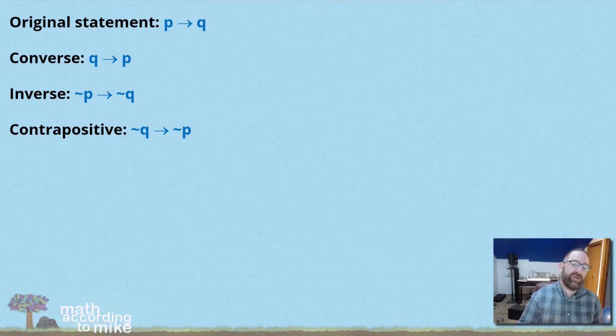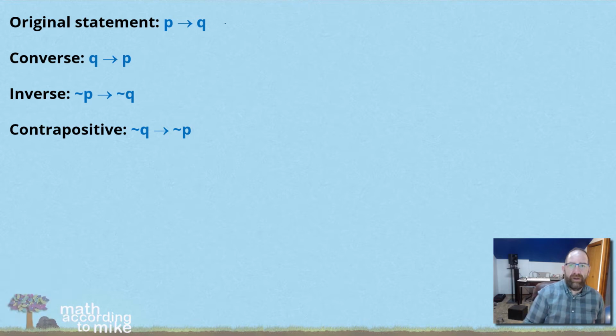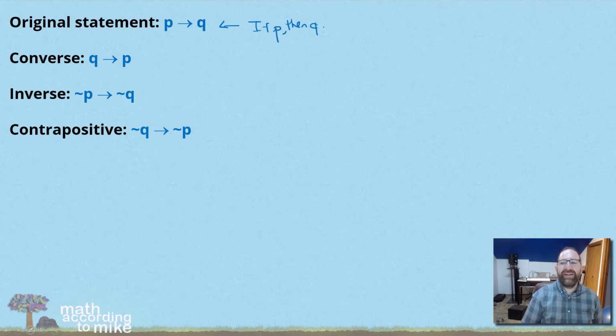Anyways, so our first one again is the if P then Q. That's what this first one says here. So that translates to if P, then Q. Remember, to the left of the arrow is the premise, and to the right is the conclusion.